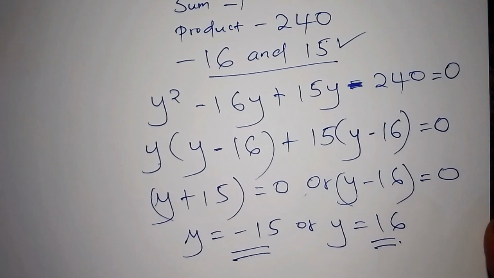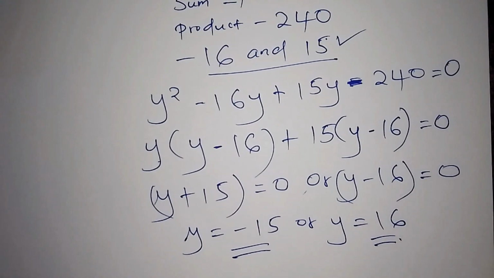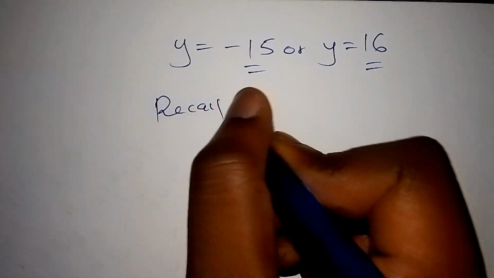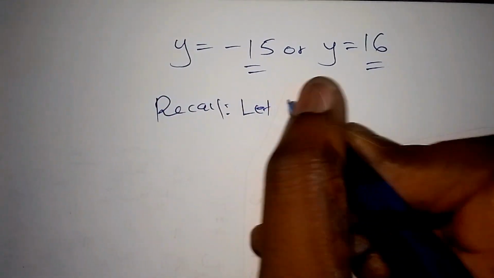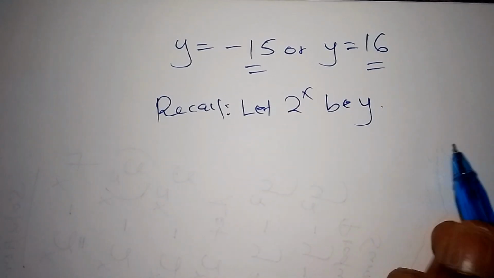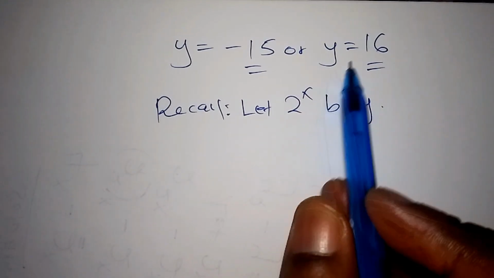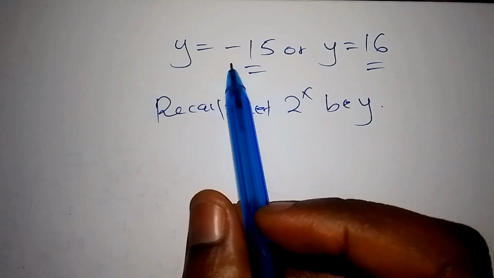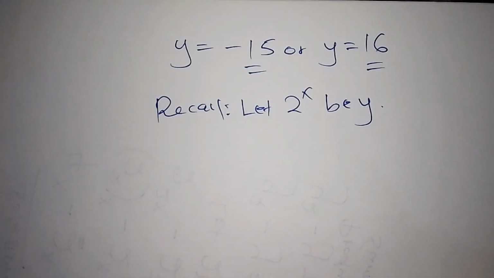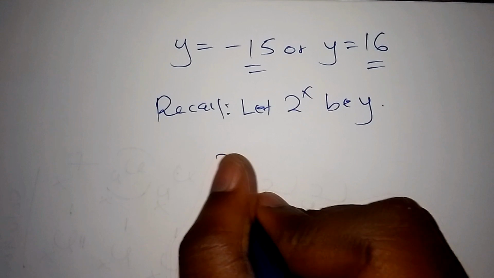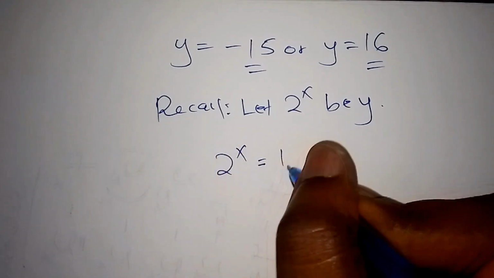So we all agreed that we said, let 2 to the power of x be y. So in this case, we have y is equal to 16, or y can be negative 15. So you can't pick negative 15 because it will not give us a positive number. So we shall have to pick positive 16. So meaning that 2 to the power of x is equal to positive 16.